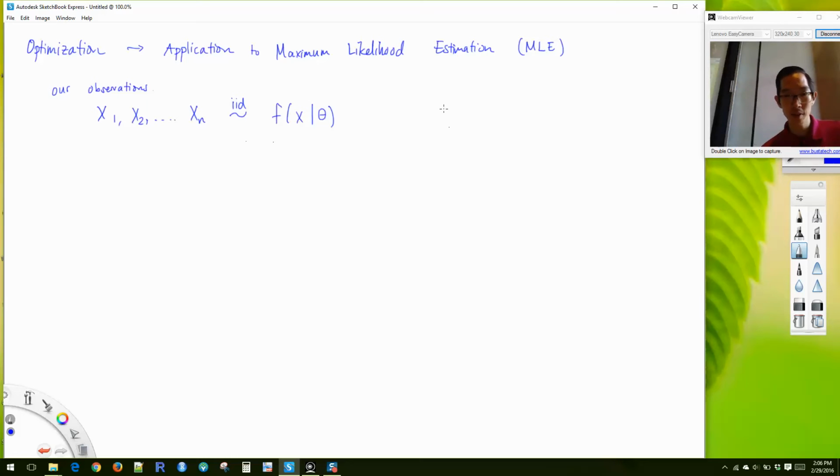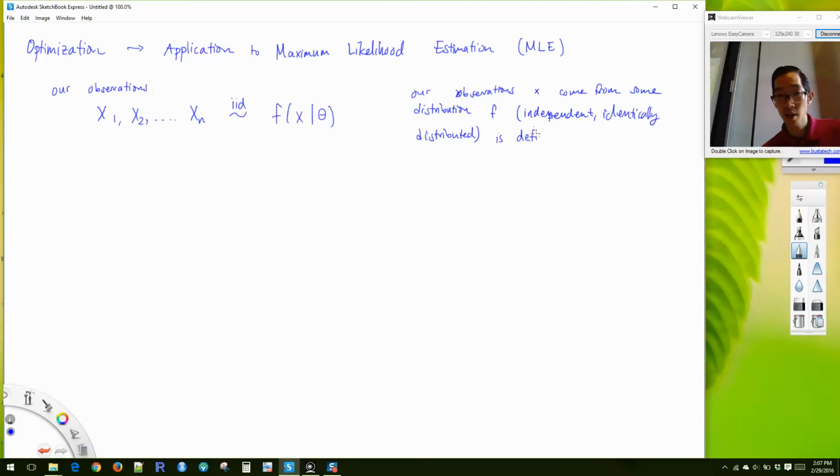So our observations x come from some distribution f, independent identically distributed, and the distribution f is defined by parameters theta.